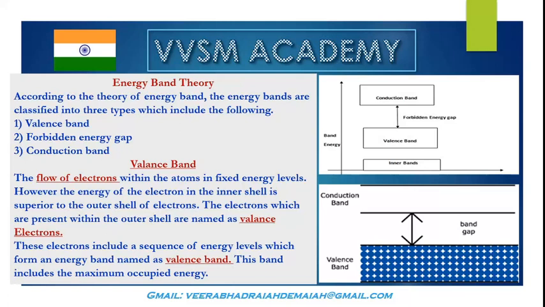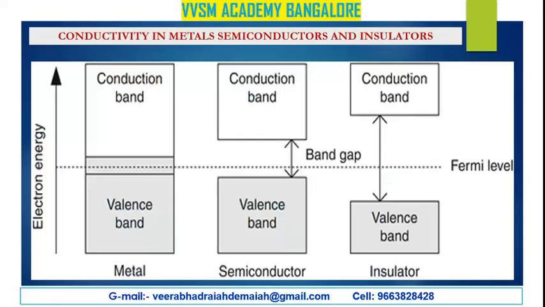Energy band theory. According to the theory of energy bands, the energy bands are classified into valence band, forbidden energy gap and conduction band. Now observe the figure. This is the energy level, the y-axis, and this is the x-axis.